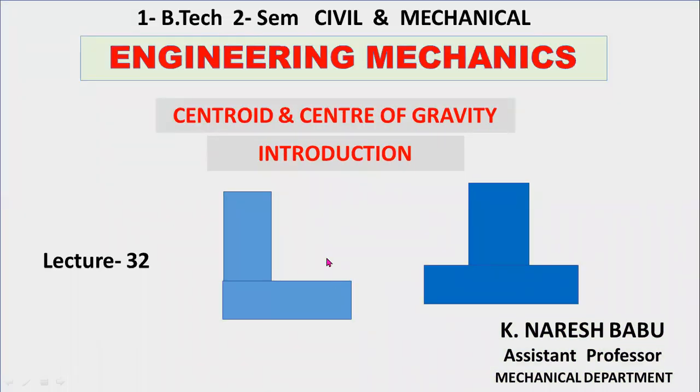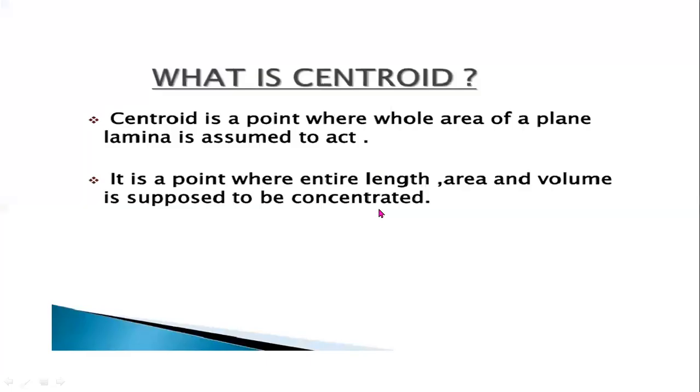First of all, I am going to explain the introduction about centroid and center of gravity. What is centroid? Centroid is a point where the whole area of a plane lamina is assumed to act.